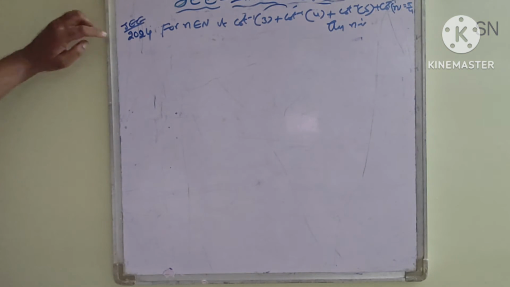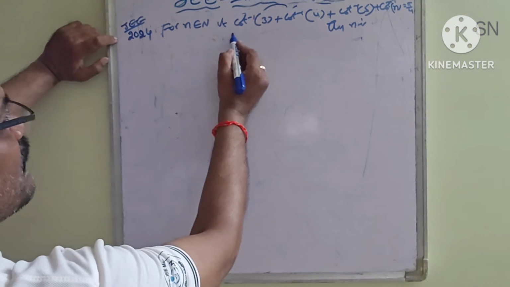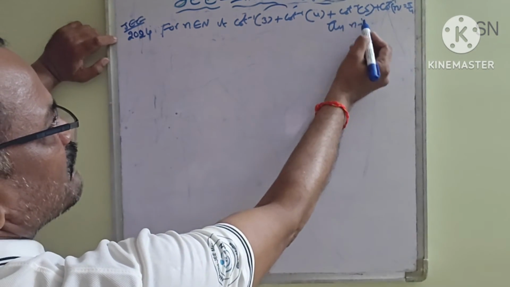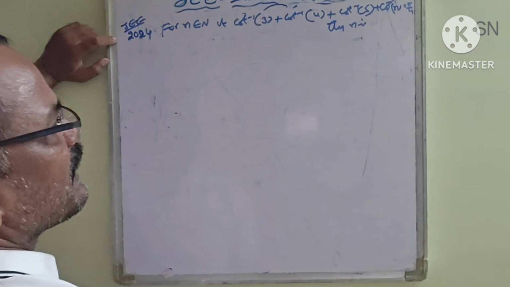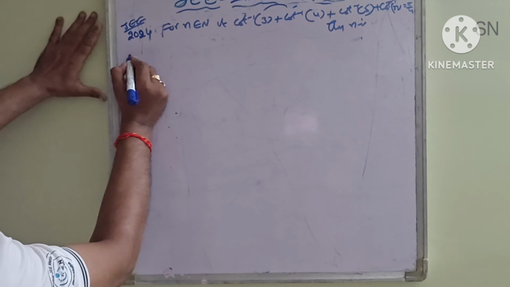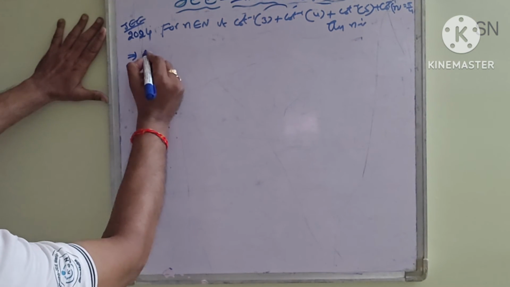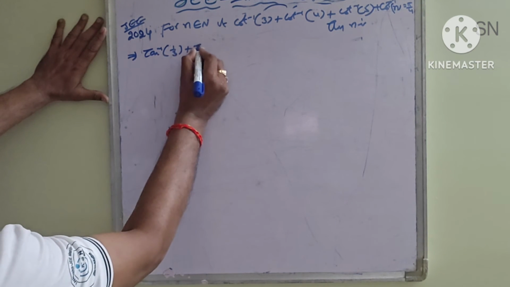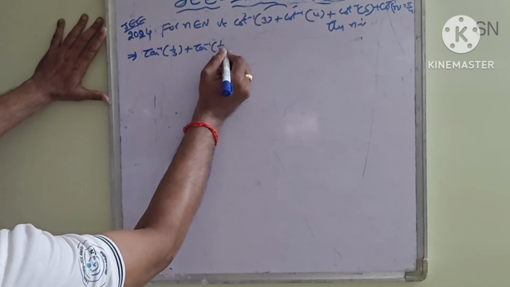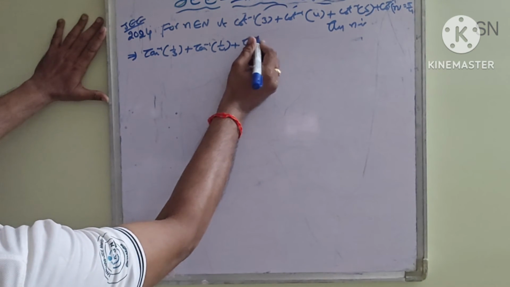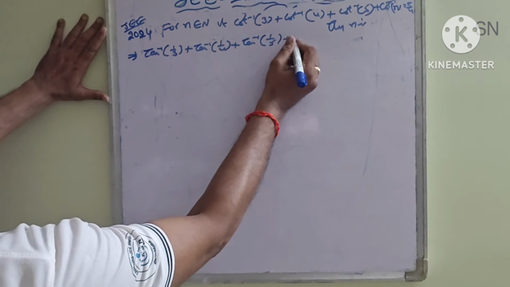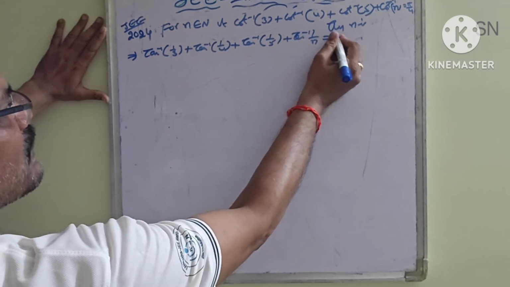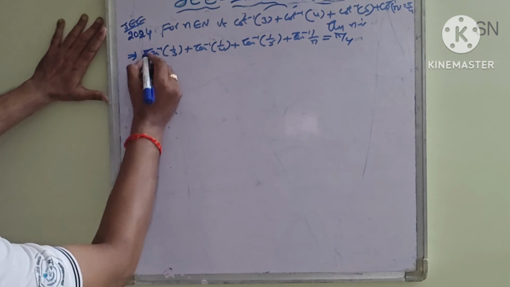So one more, 2024 JEE: for n belongs to natural numbers, if cot inverse of 3 plus cot inverse of 4 plus cot inverse of 5 plus cot inverse of n is equal to pi by 4. Now convert to tan. So tan inverse of 1 by 3 plus tan inverse of 1 by 4 plus tan inverse of 1 by 5 plus tan inverse of 1 by n is equal to pi by 4.